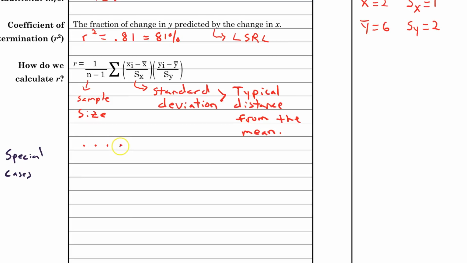The x varies, but the y is all the same. Since the y is all the same, you would have a standard deviation of y equal to 0. Standard deviation equals 0 when all of the values are the same. So if we were to have a 0 in the denominator, r would be undefined. In this case, r is undefined.